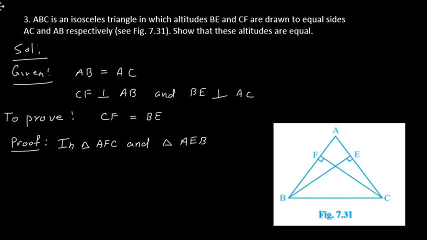So here I will say that in these two triangles, angle F is equal to angle E. Reason: each is 90 degrees, or you can write that CF is perpendicular to AB and BE is perpendicular to AC. Second, angle A is common in both the triangles.